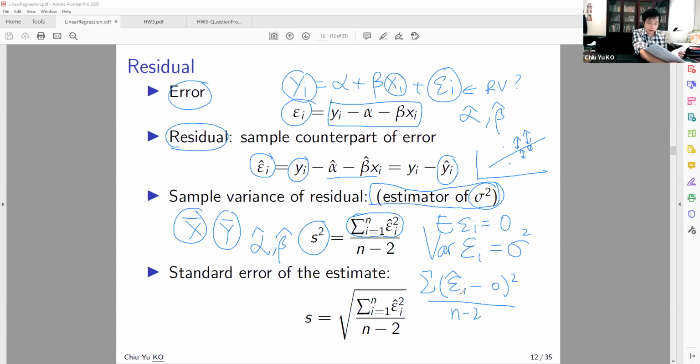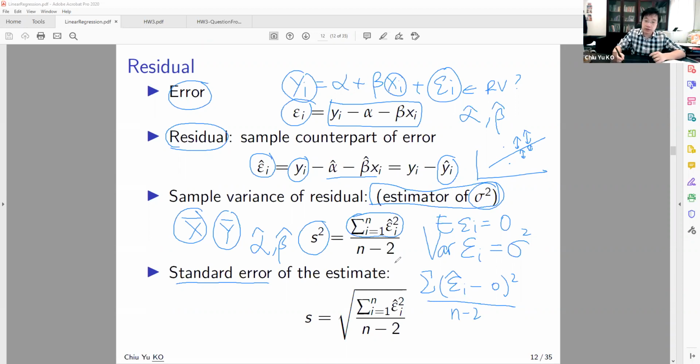It's not out of scope to explain why this is actually a biased estimate. Anyway, that's the definition. And the standard error is you take the square root of this. So just a bunch of definitions. It's not about whether you understand, but whether you know the definition, the meaning, or not.